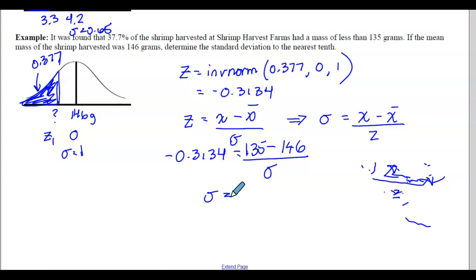What's 135 minus 146? That's going to be negative 11 over negative 0.3134.